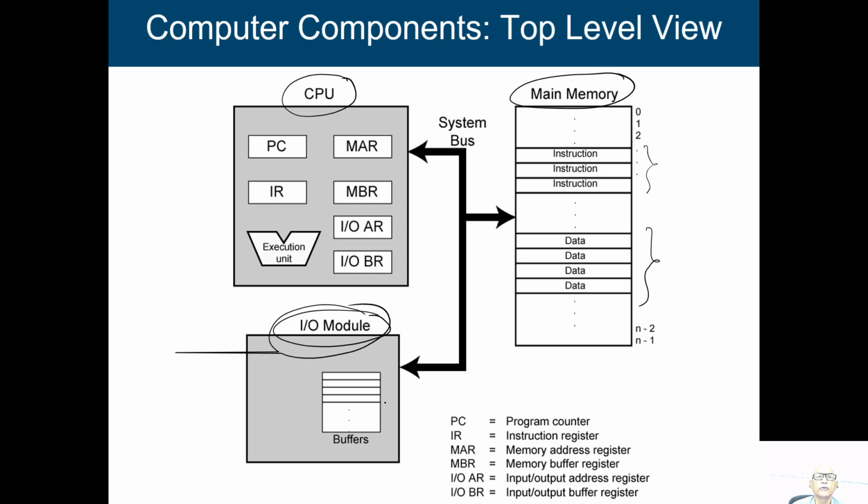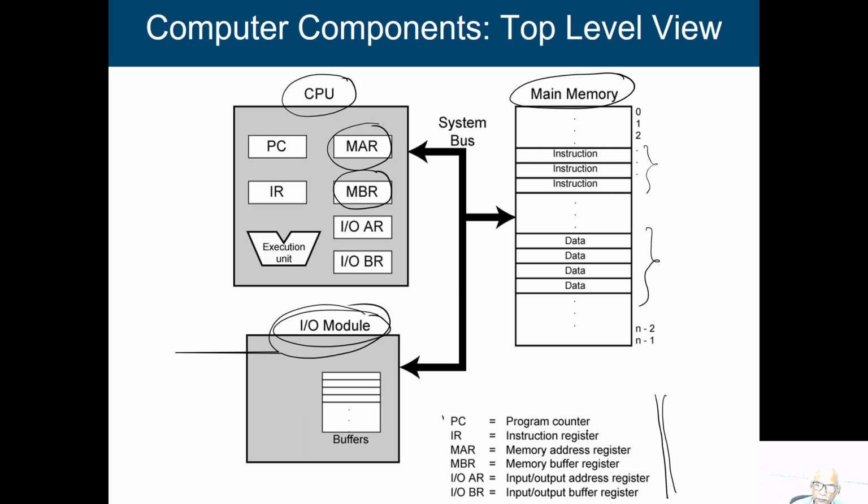Now, when we look into the CPU, we have some components called MAR, MBR, IOAR and IOBR, and also PC and IR. These are the 6 components we have inside the processor. They are nothing but registers, or storage elements.